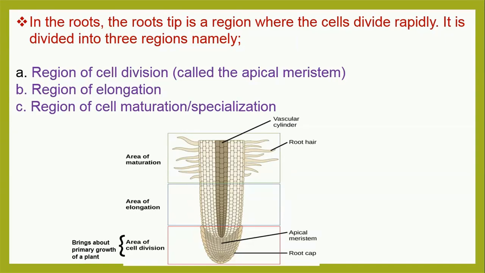Then B is the region of elongation. After the cell division, the cells begin to elongate. Okay, and then the third is the region of cell maturation. This is the point when the cells begin to mature. It's similar to that of animals. In animals, we have cell division, cell enlargement, and the last one is cell differentiation, almost similar. Okay, so go through the image here.